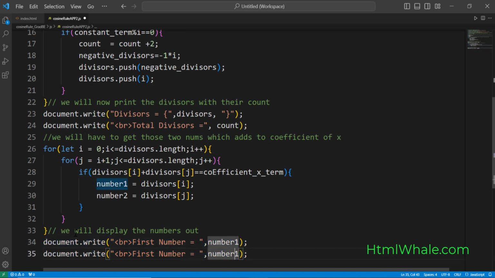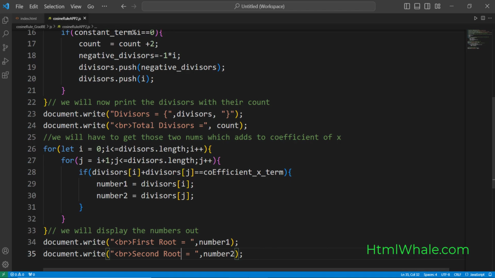And this is going to be number 2. Instead of saying second number, I will say the factors or the roots. First root, I think that's a better word. First root, second root. Okay, so we have got that.